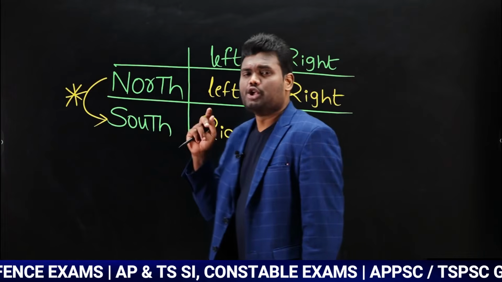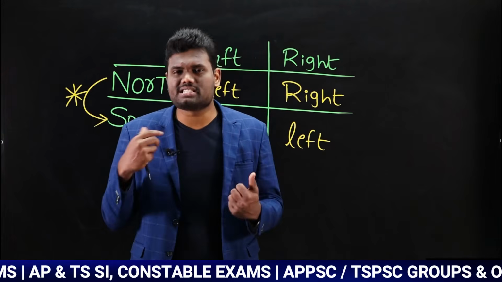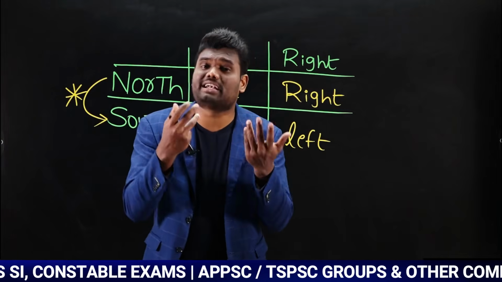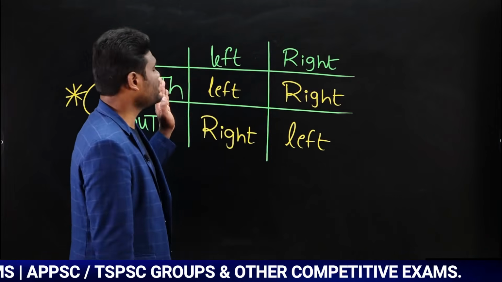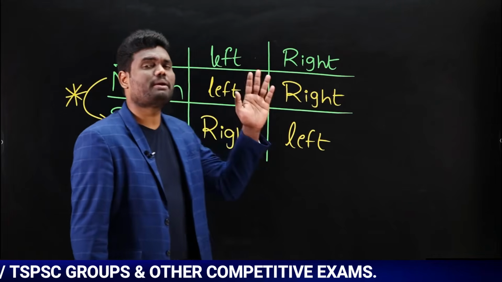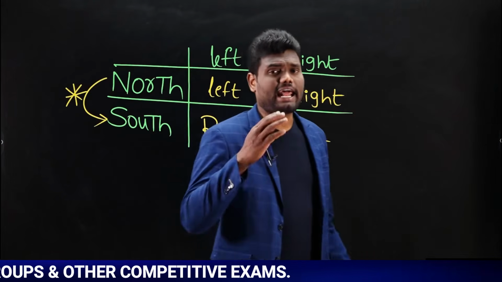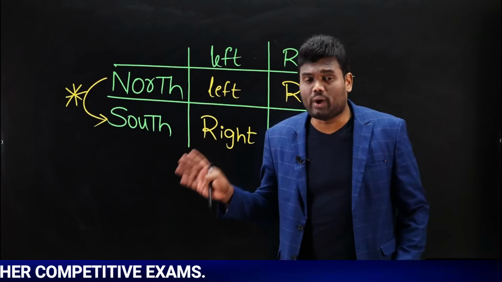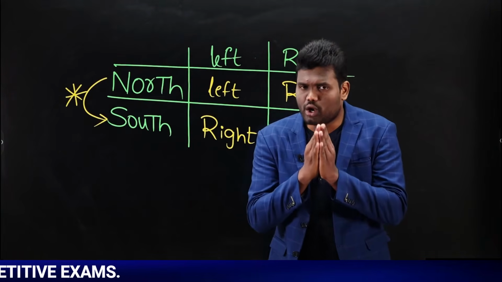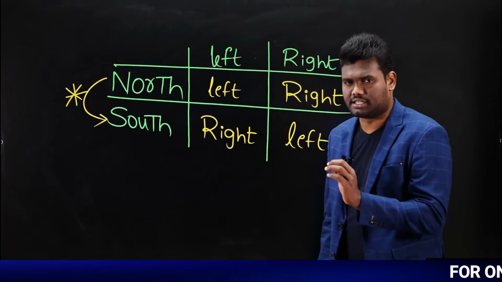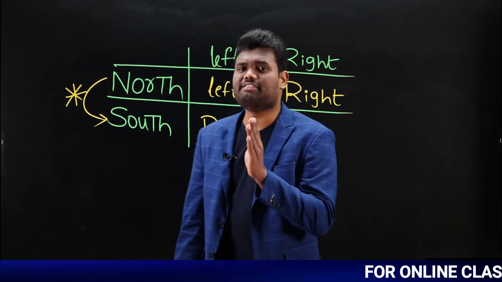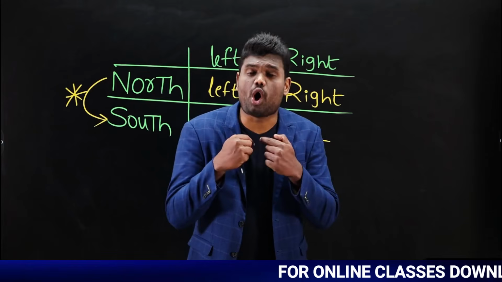That is the reason you need to know which is left and which is right when the person is traveling in a particular direction. This is very, very important. So when the person is traveling towards north direction, left of the person is same as our left, right of the person is same as our right. Similarly, when the person is traveling towards south direction, it is opposite.